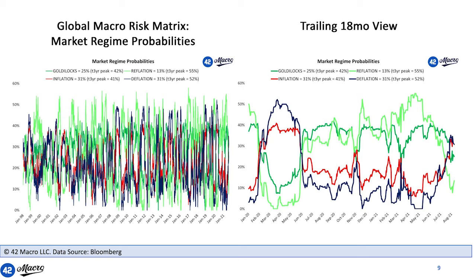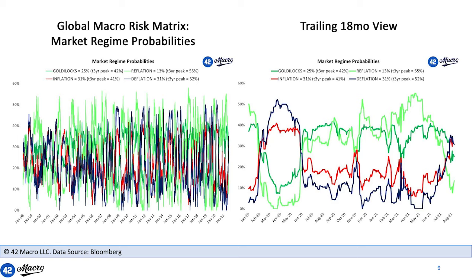So each grid regime's share of that total number is said to be its probability. And the regime with the modal outcome from a probability perspective is what we call our dominant market regime. So right now, both inflation and deflation are tied atop this scoring system as the dominant market regime.